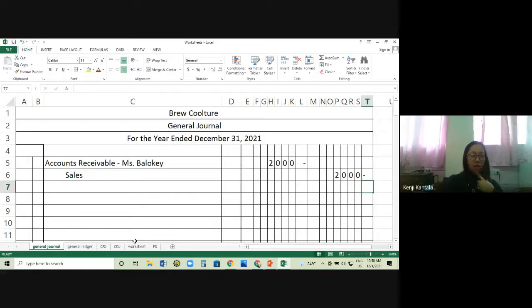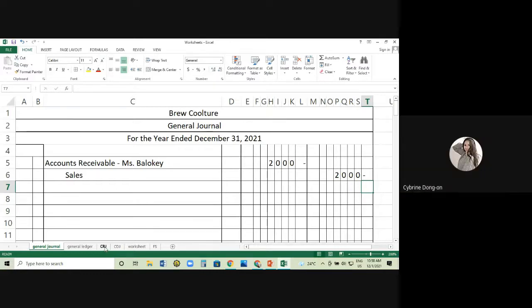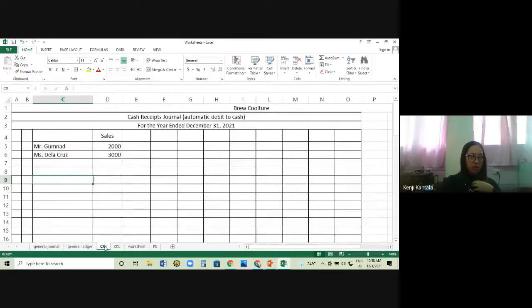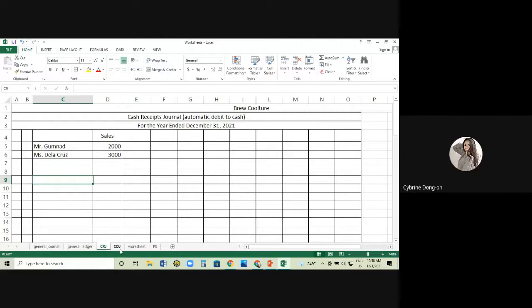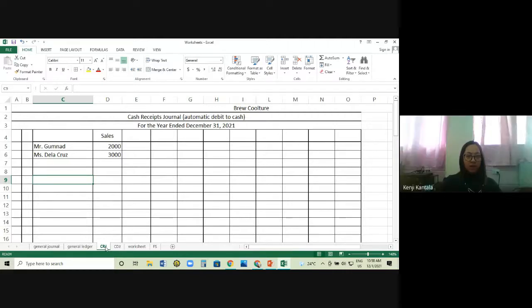After 3 days, she has paid. How do we record it? Ma'am, cash receivable? Cash receipts. In the cash receipts journal, yes. Right? Okay. Yes, ma'am. Since we will receive money, we record it in the cash receipts journal.